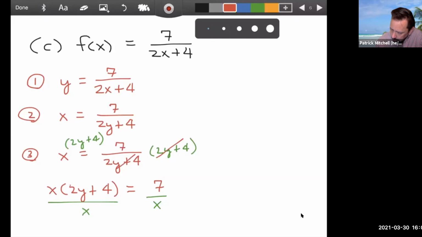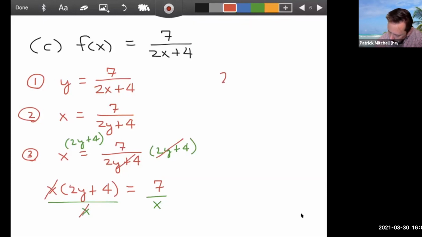So that is going to give me 2y plus 4 equals 7 over x. All right, now I'll subtract 4 from both sides. That's going to give me 2y equals 7 over x minus 4.